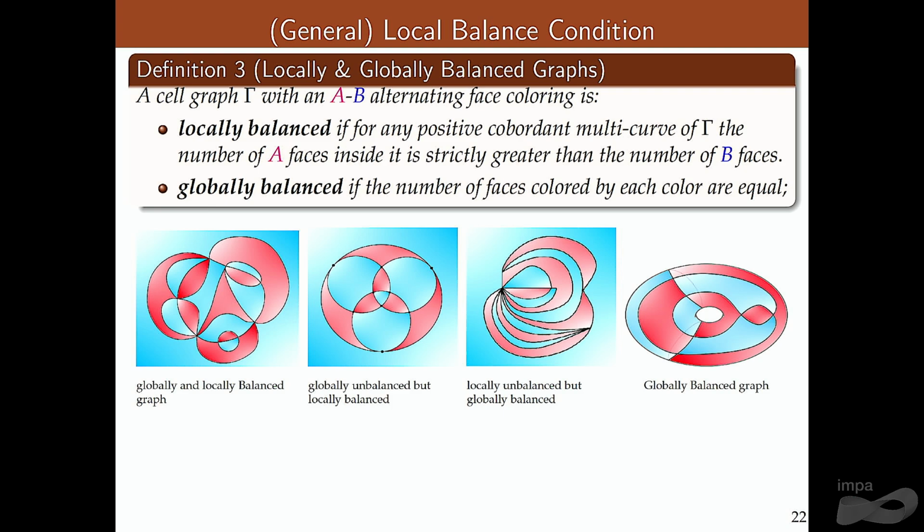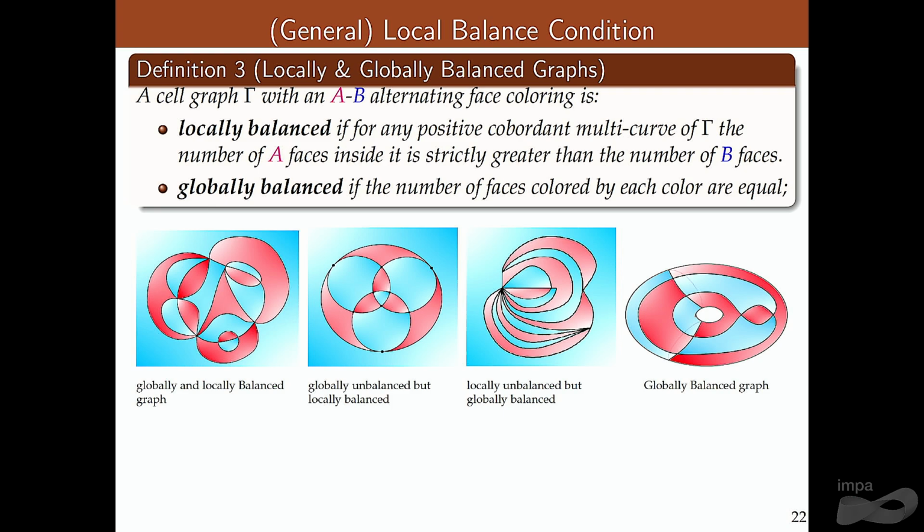And the local balance is that for any cobordant multicurve, the number of A faces inside it is strictly greater than the number of B faces. Okay, so that is the local balance condition in higher genus.